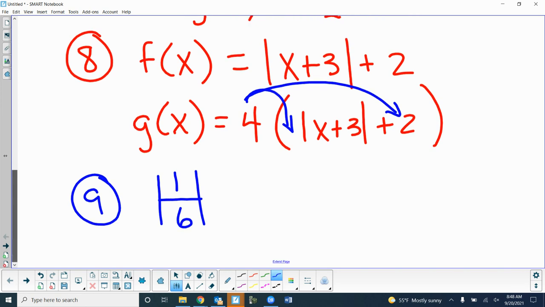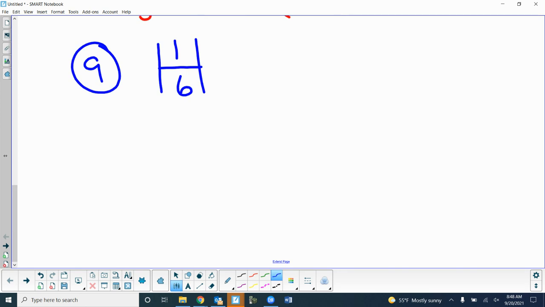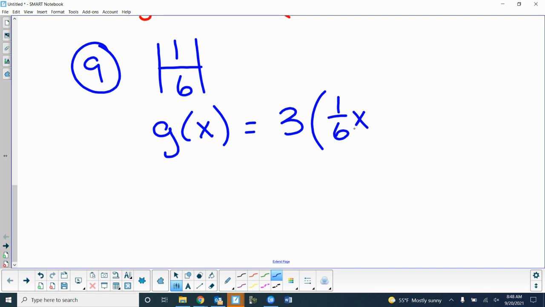All right, so for our g function, it's 3, it was 3x in our f, so 3 times, we're changing our x to the 1/6 x. Just that part changed. The x part changed. And then the minus 9. All right, what's 3 times 1?